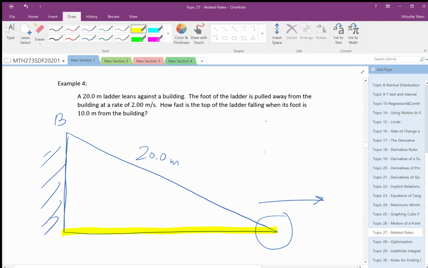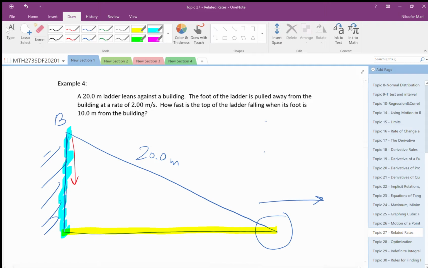What is the speed of this increase? It's 2 meters per second. What happened to the top? When I pull the ladder to the right, the top comes down. So this part is decreasing. The blue one is decreasing because it comes down.